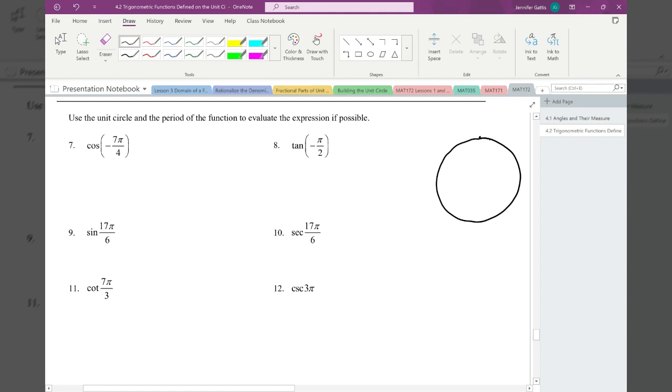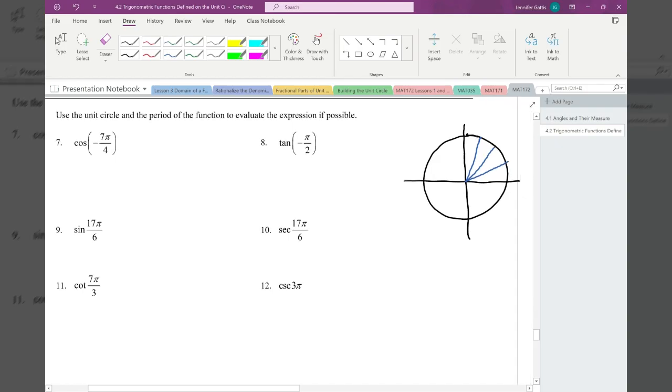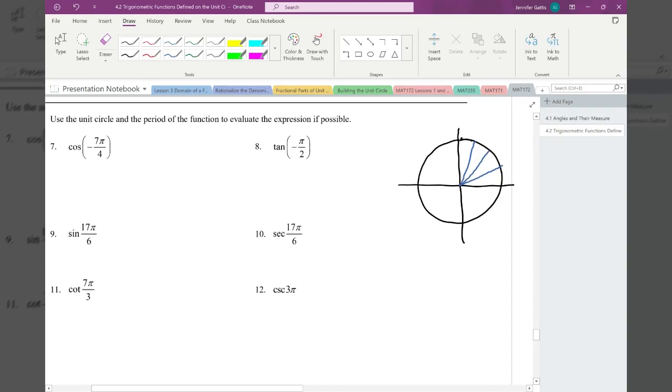All right? And if you recall, I mentioned that really you only have to memorize the first quadrant and then remember all students take calculus.